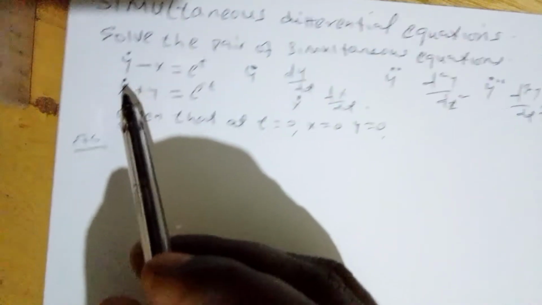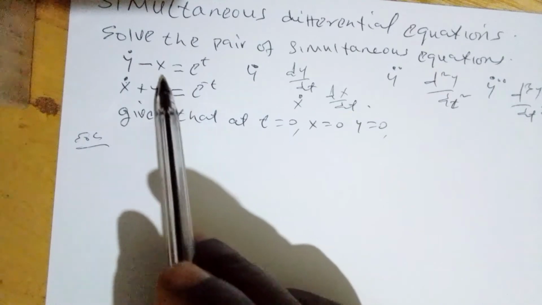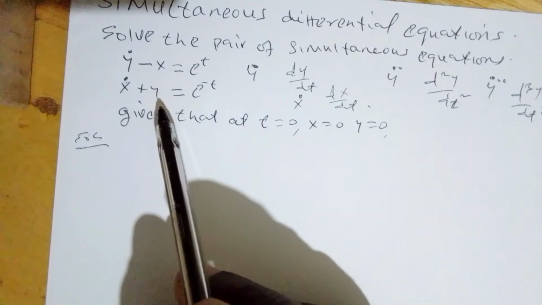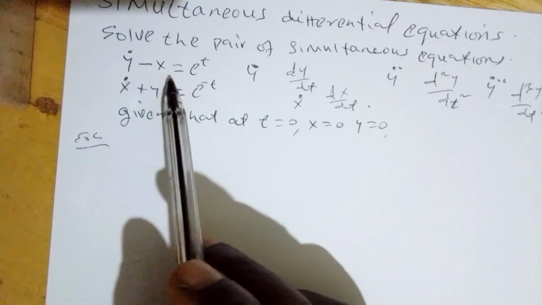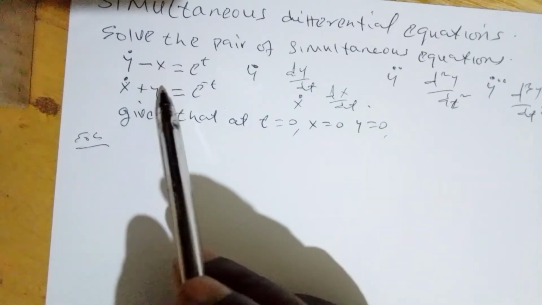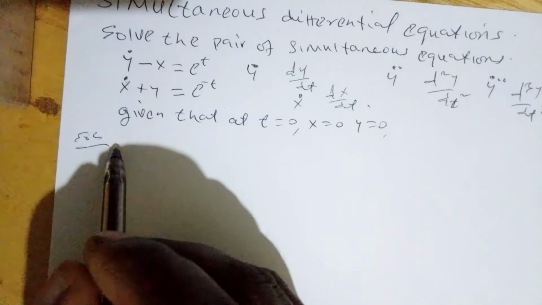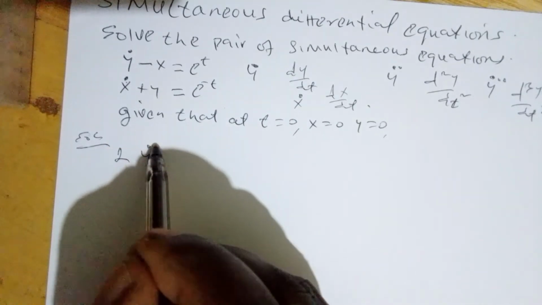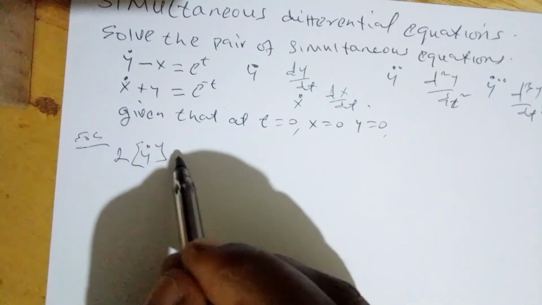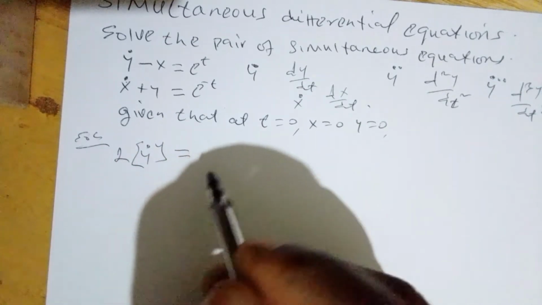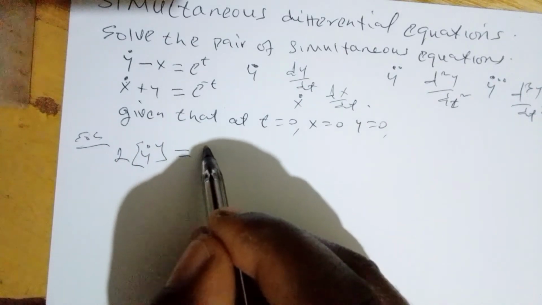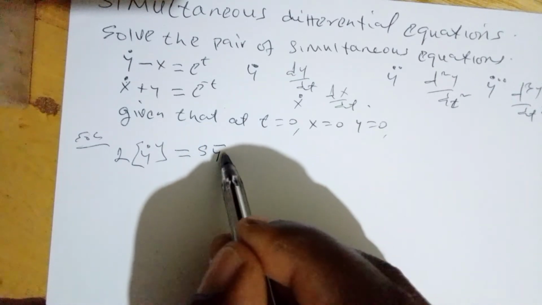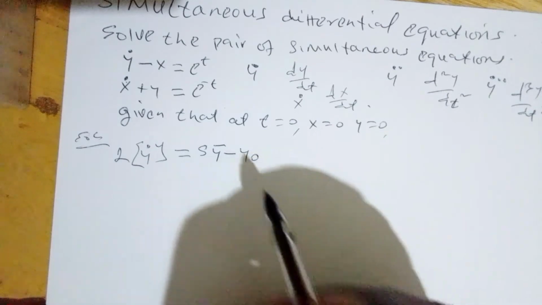Therefore, for us to solve this simultaneous equation, first of all, we need to get the Laplace transform of this equation. Now, the Laplace transform of y dot equals s y bar minus y naught.